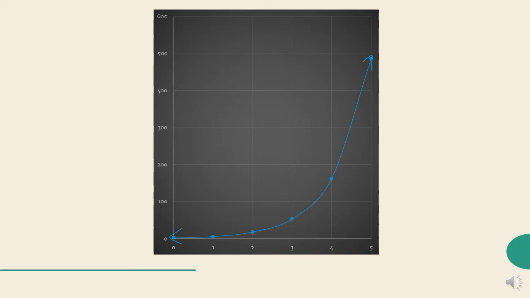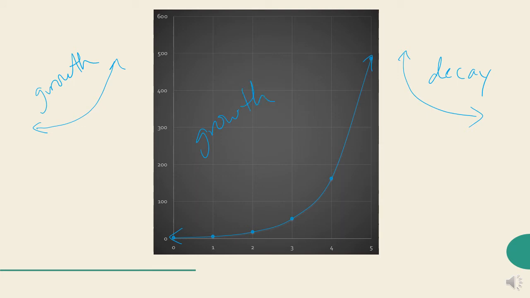And remember, when you are graphing exponentials, they are either going to look like this, or they're going to look like this. This is growth. This is decay. Now clearly this is growth because as you go from left to right, you can see you're increasing and you're not decreasing.